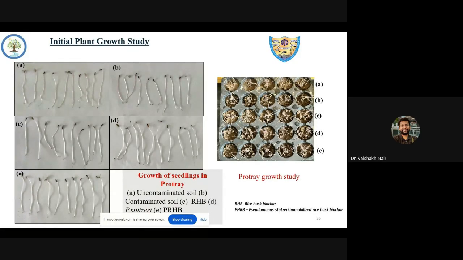B is the contaminated soil. You can see the root and leaf formations have not started at all, and the length is shorter. And if you look into the E1, that is where you have the soil which is treated with the PRHB, which was already contaminated, and the contamination was removed.